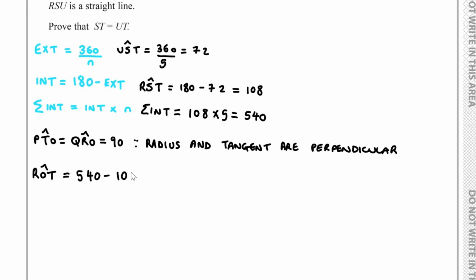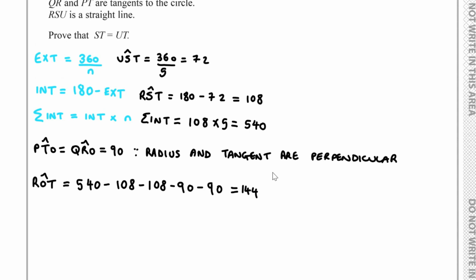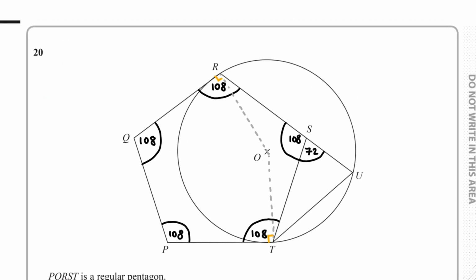So we've got take away 108, take away 108, take away the 90, take away the 90, which is 144. So here we've got the angle 144. That is this angle here.